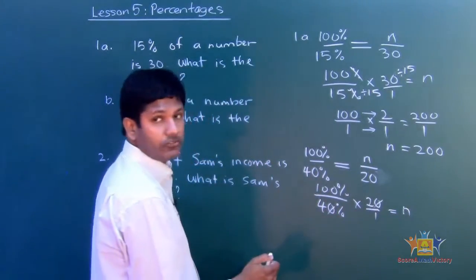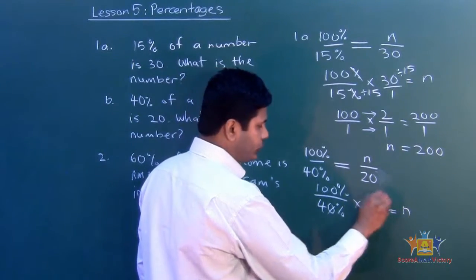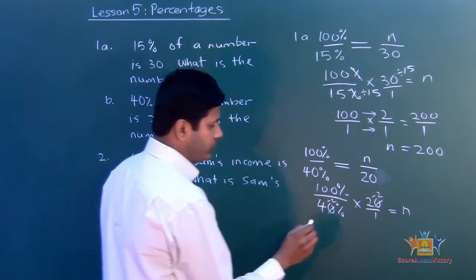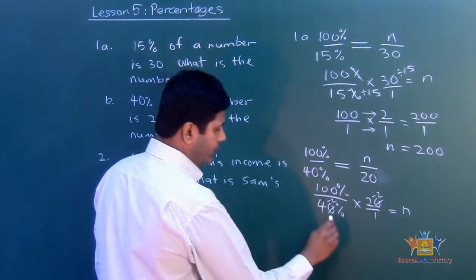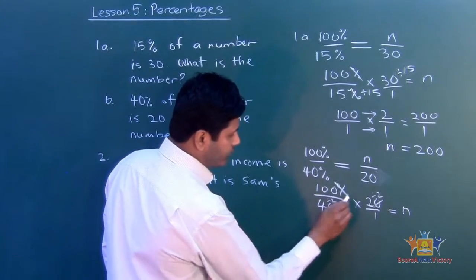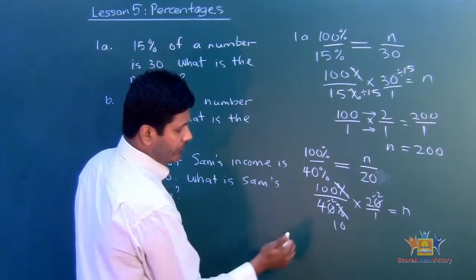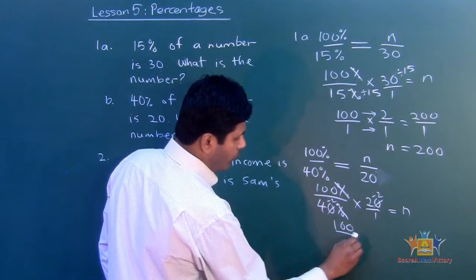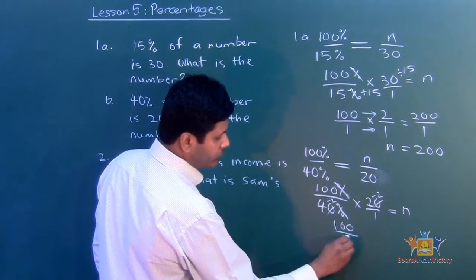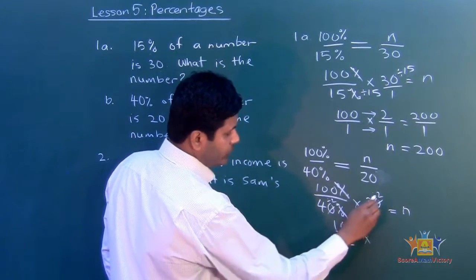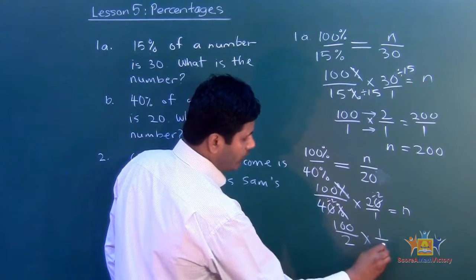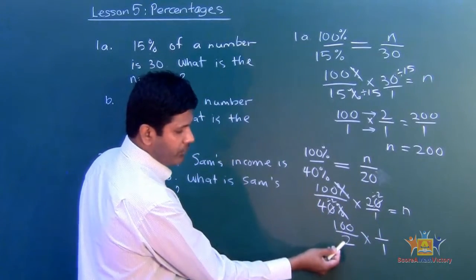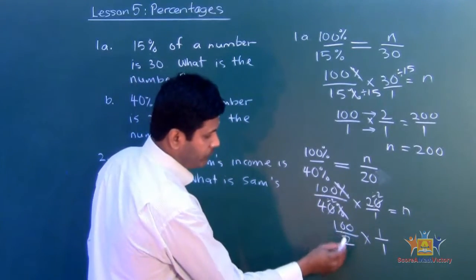Now I'm going to simplify. 0 and 0 can cancel. 2 can divide by 2, 4 can divide by 2. We also cancel the percentage. So I got 100 over 4 divided by 2, which is 2, and 2 divided by 2 is 1 over 1. Now I can divide 100 by 2, so that becomes 50.